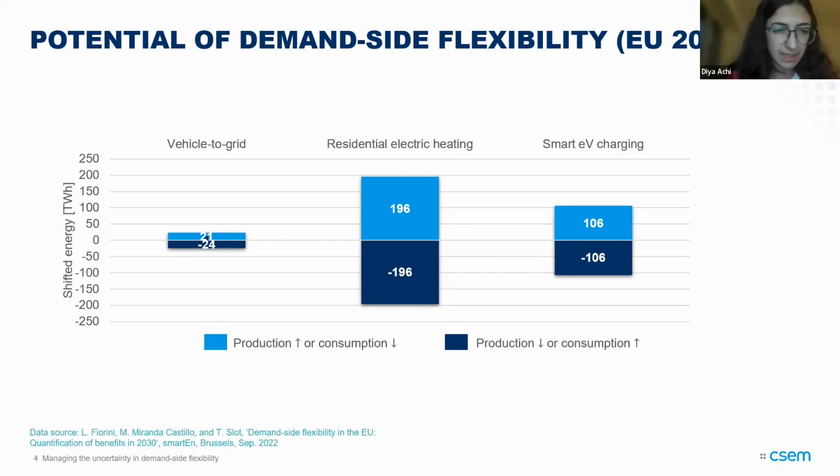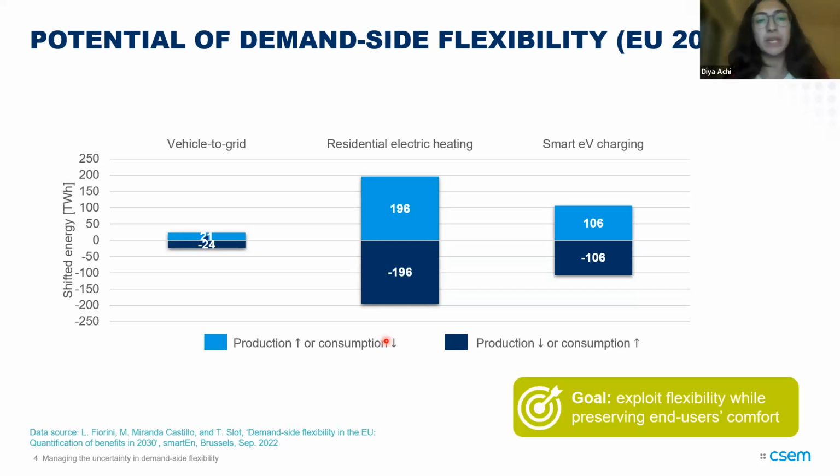What you can see here is in light blue, the possible production increase or consumption decrease, and in dark blue, the possible production decrease or consumption increase in terms of shifted energy for residential electric heating and electric mobility. To give you a sense of scale, if you look at the residential electric heating in one direction, it's about 200 terawatt hour, and that's 3 times the final electricity consumption of Switzerland in 2020.